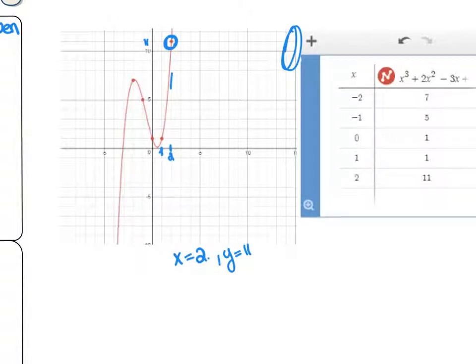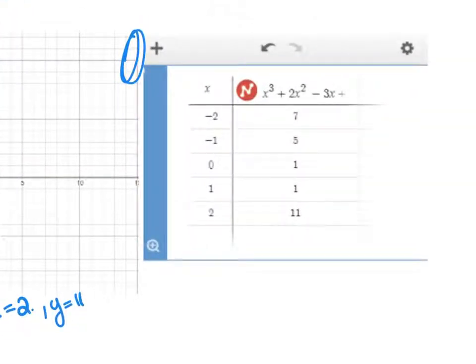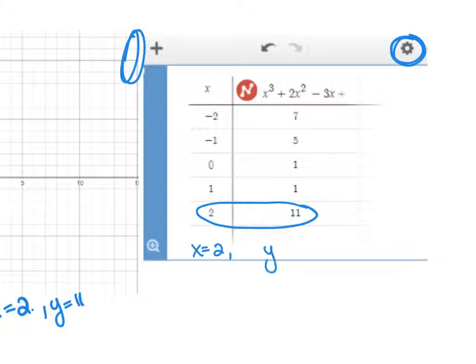The nice thing for part 2 with the table of values is that if you push this button at the side where you put your graph, it will give you a table of values. And then you can see right on the table that when x equals 2, y equals 11.